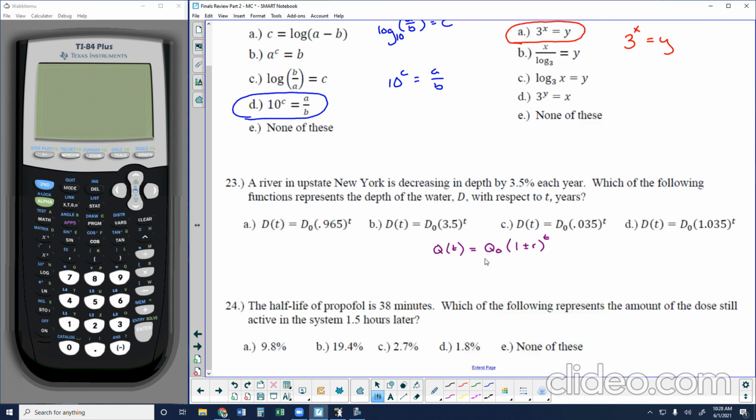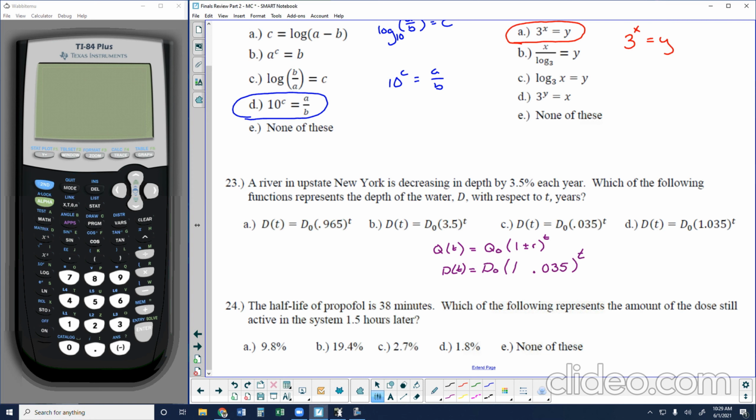So in here, I'm going to go ahead and substitute in what I know. I don't know a q sub 0, that would be my initial value. So I'm going to leave that alone for right now, or I could replace it in this case with the notation d sub 0, if I would like. My r would be the percentage, or 3.5%. But remember, when we put this into a problem, I need to change it into a decimal. So 0.035 is my decimal.